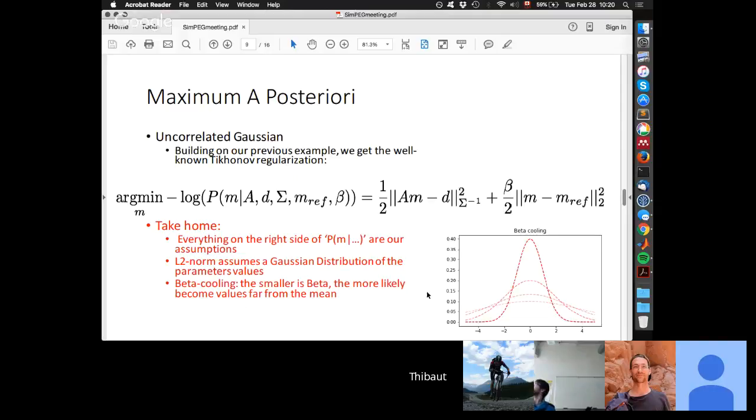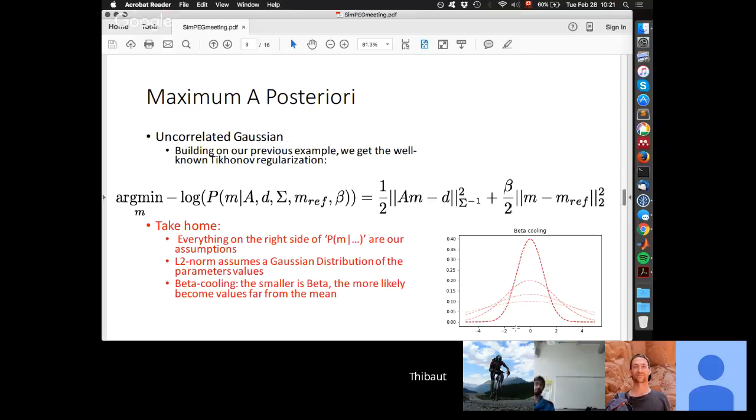One thing that was nice to look at too is the beta cooling in our inversion, that's what we actually do. At first, when beta is high, we assume that our model is drawn from this distribution in a very narrow space.